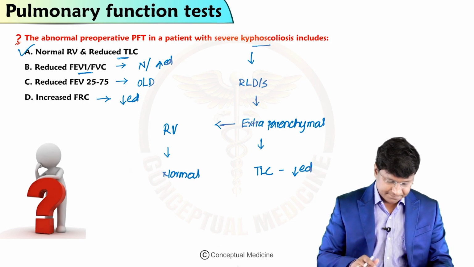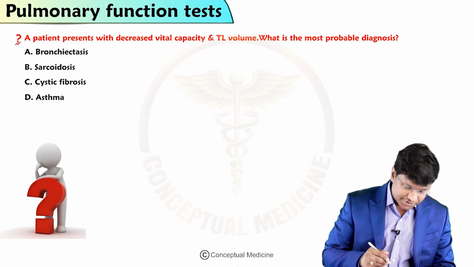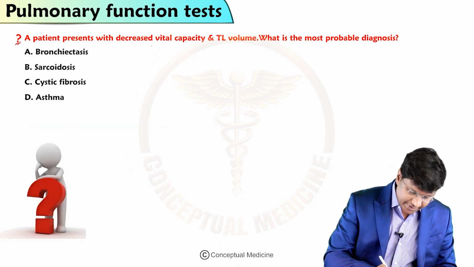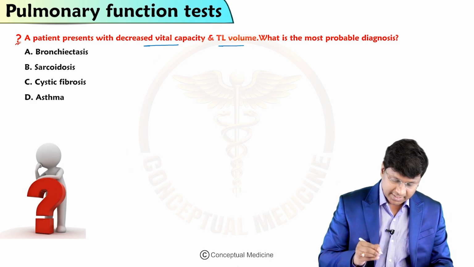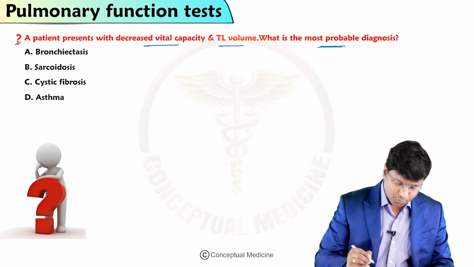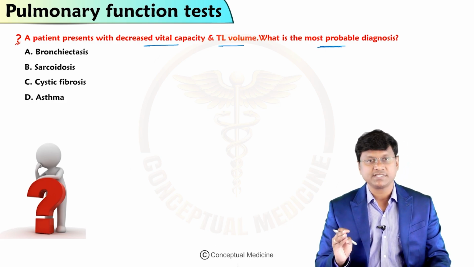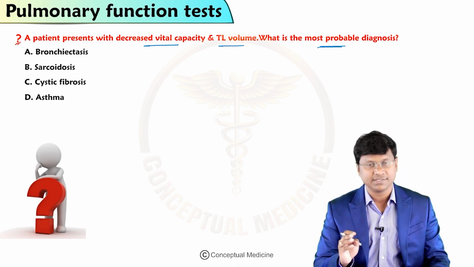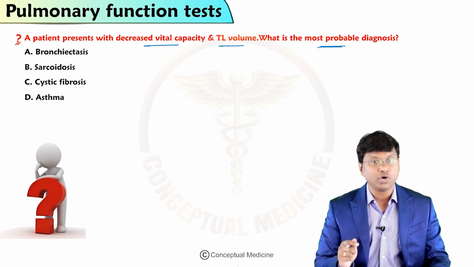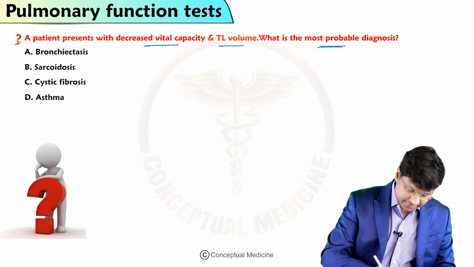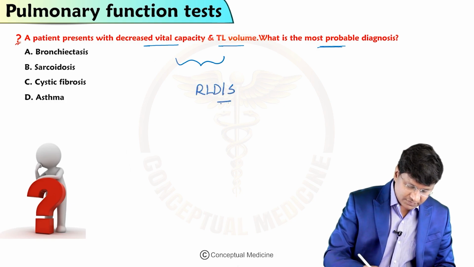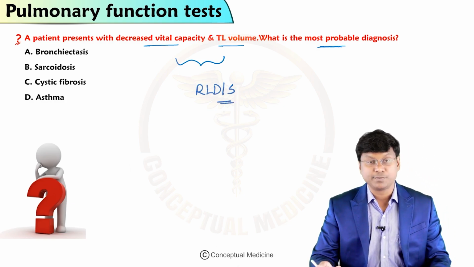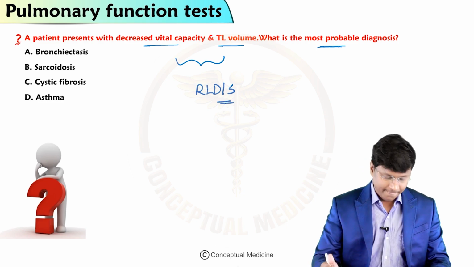Okay. Next, the other question is, a patient presents with decreased vital capacity and total lung capacity. What is the most probable diagnosis? There is a decrease in the vital capacity as well as the total lung capacity. So, it should be a restrictive lung disease, because total lung capacity in obstructive lung diseases increases.